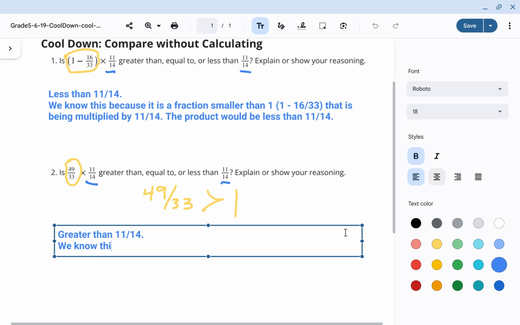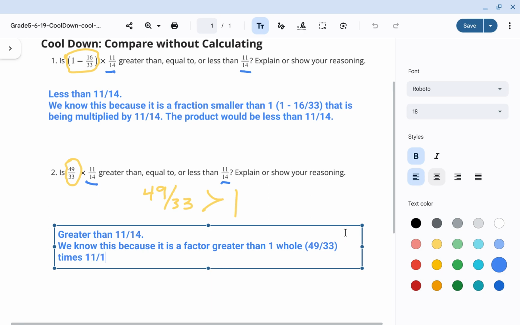And I'm going to say we know this because it is a factor greater than 1 whole. 49/33 times 11/14. So the product will be greater than 11/14. Okay, we know that to be true.